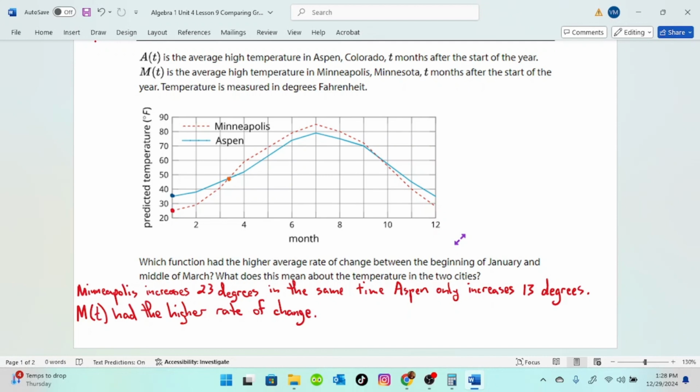Then they want to know what this means about the temperature in the two cities. And what this means is that Minneapolis winter temperatures change more than Aspen winter temperatures.